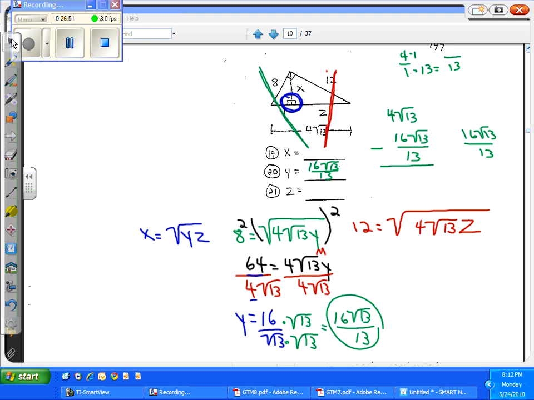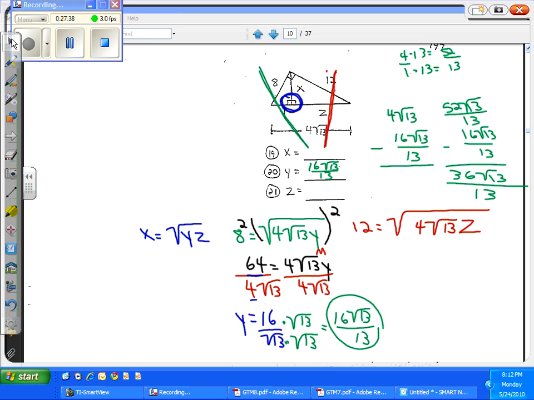So you'd multiply by 13, and you'd have 4 times 13 is 52. So that 4 is the same as 52 13ths. So we have 52 square root 13 over 13. In other words, the 52 13ths part gives you the 4, and then you still have square root 13. So now you can subtract 52 of those minus 16 of those would leave 36 of those little square root 13ths over the common denominator, 13.